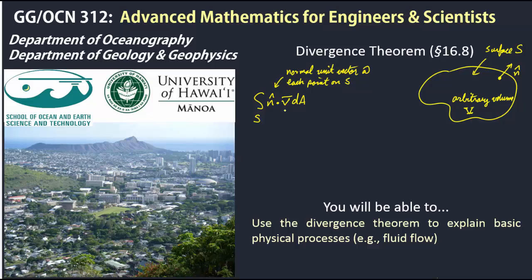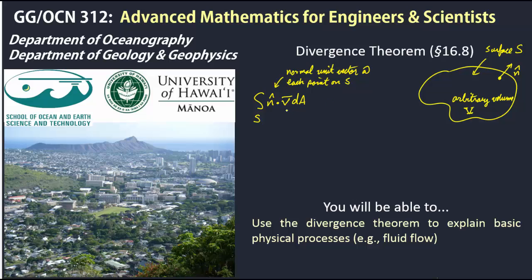So this is some vector field V, and n hat dotted with V is the component of V that's crossing the surface, normal to the surface, and dA is a small element of the surface. So this describes the net outward flux of this velocity field, or this vector field, out of the surface.